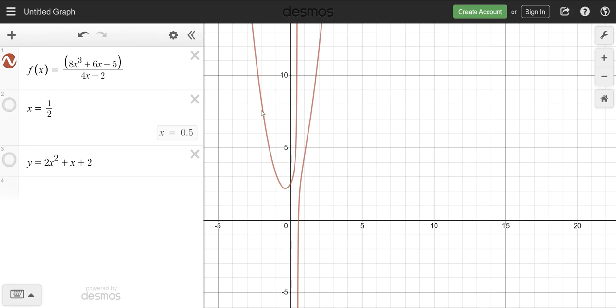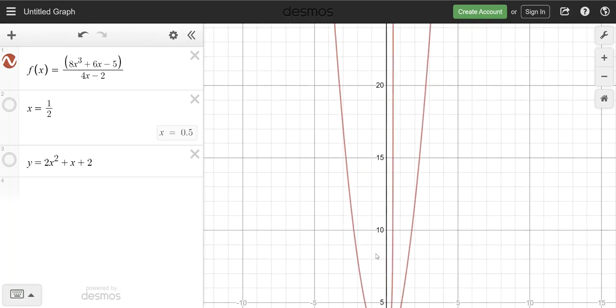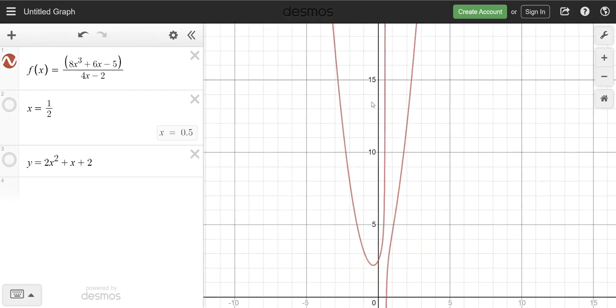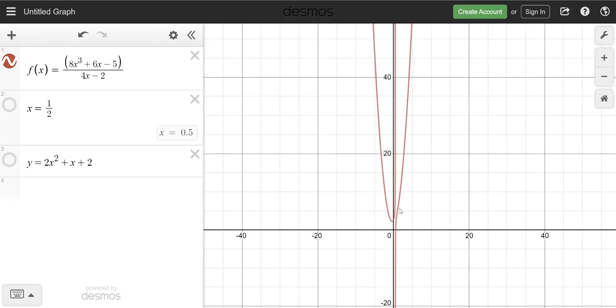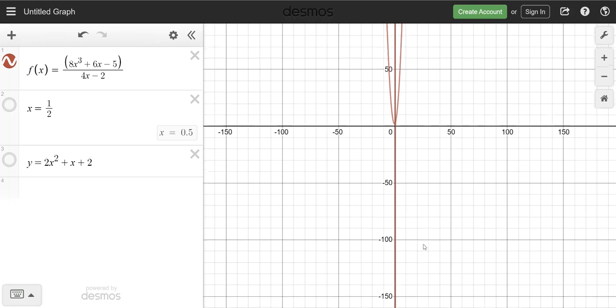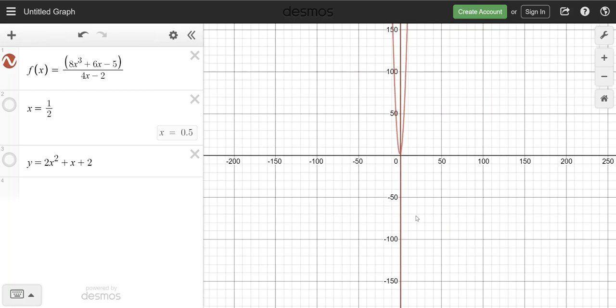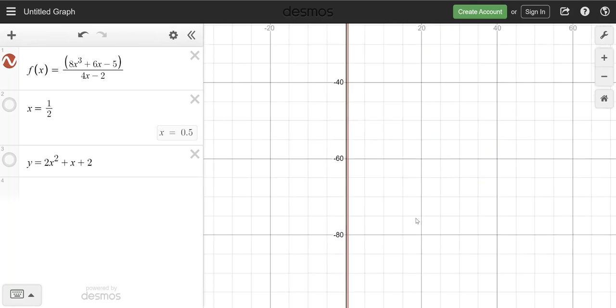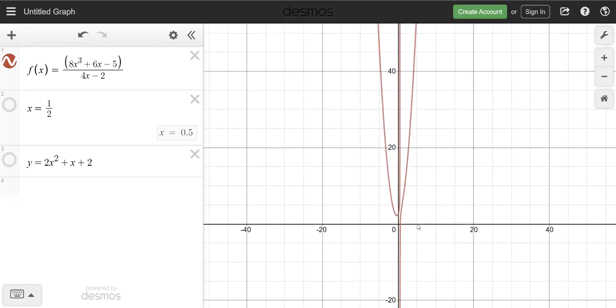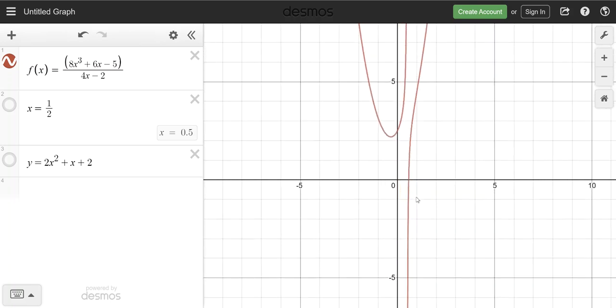It's kind of something like a parabola, although it's not really a parabola, but at least it's a curved graph there. And then it has this other funny looking red part on the right that goes shooting off down into the distance below and shooting off up to the right above. Okay, so it's quite an interesting graph.